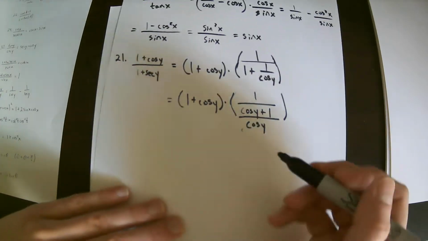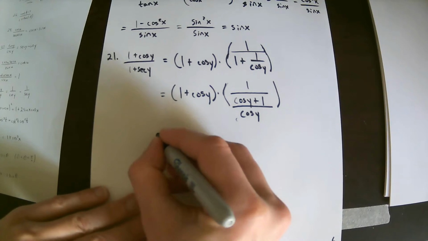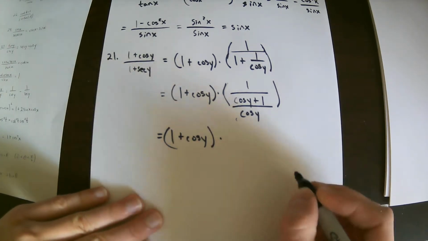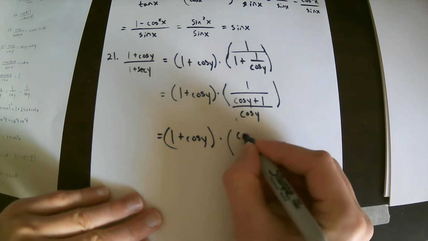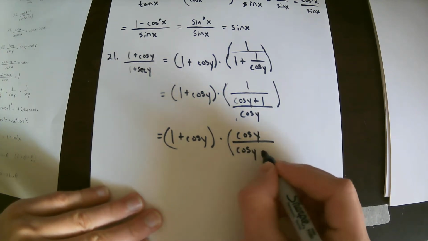Now I can say, well, this is 1 over this fraction. So now I can flip it and say cosine y plus 1.